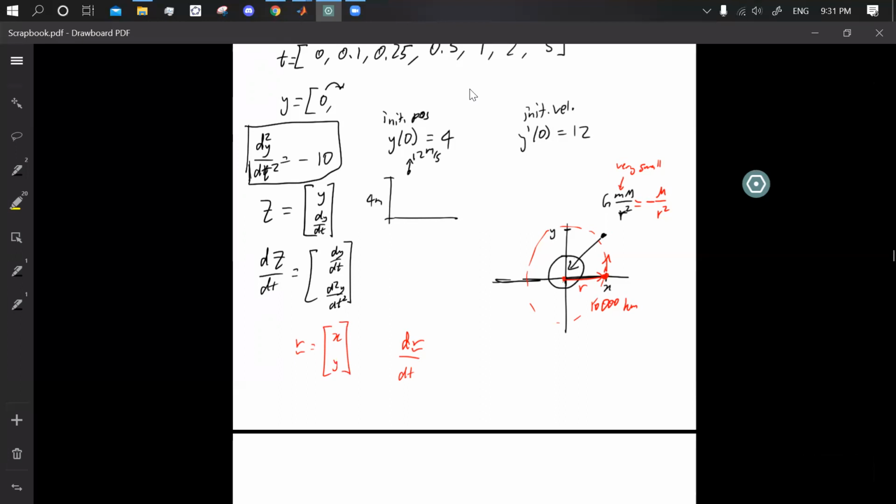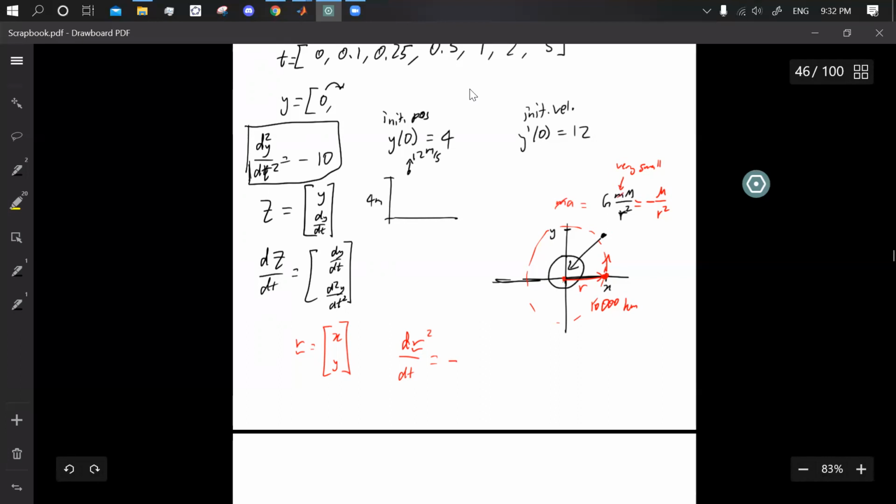They normally write the second derivative, d squared r over dt squared, as an acceleration a, and the m's cancel, so your acceleration is just mu over r squared. That's where that came from.